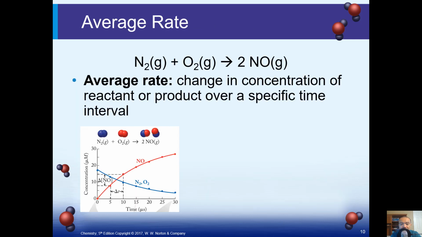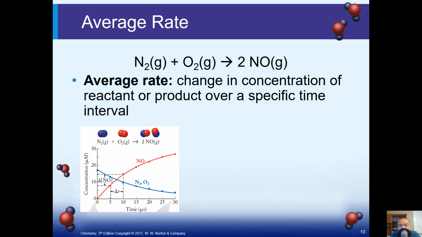reaction proceeds. If we look at the change in concentration for nitrogen monoxide between 5 and 10 microseconds, we can calculate the rate by noting the change in the concentration over time and obtain the rate of 1.4 molar per second.